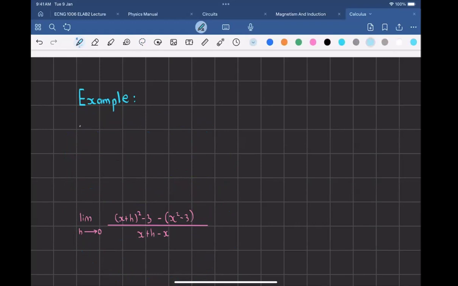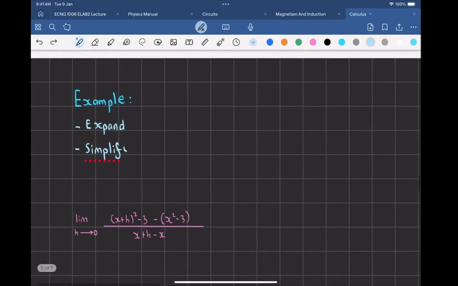Expand and simplify. All right, so we want to expand for sure. Then we want to simplify. After you simplify, you might have to factorize. Expand, simplify, factorize, and then you might have to take limits.